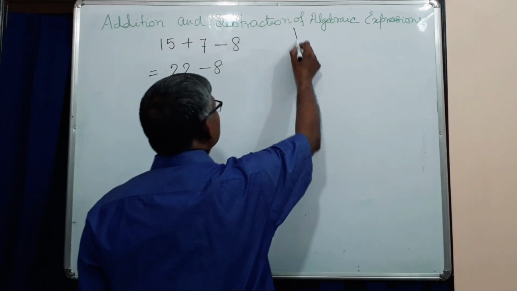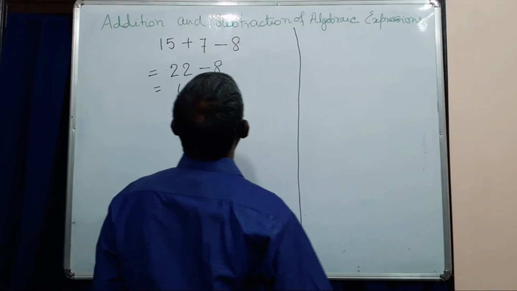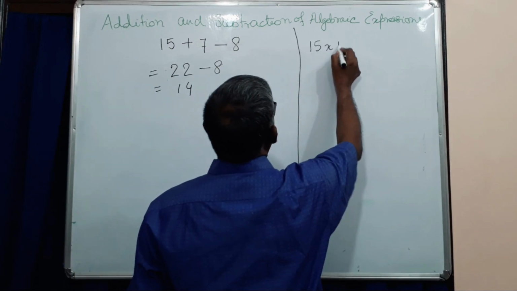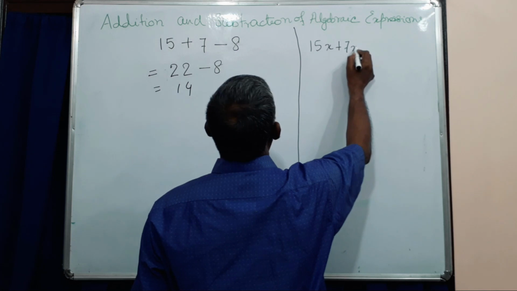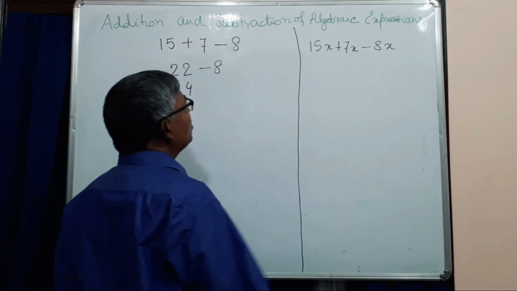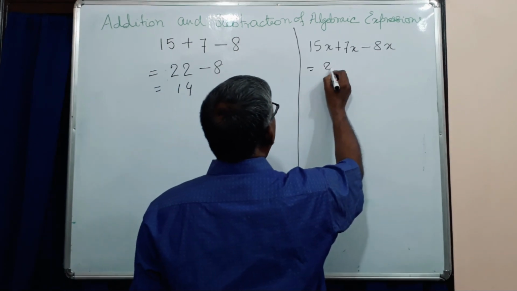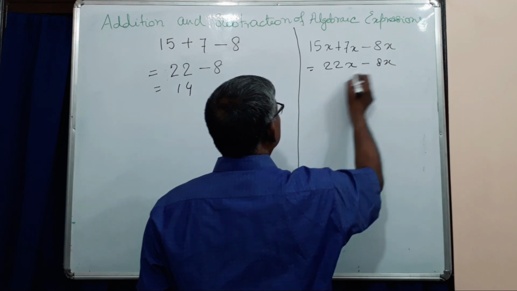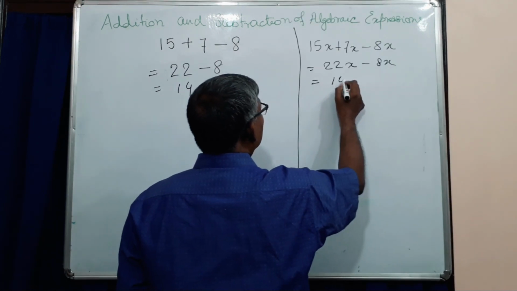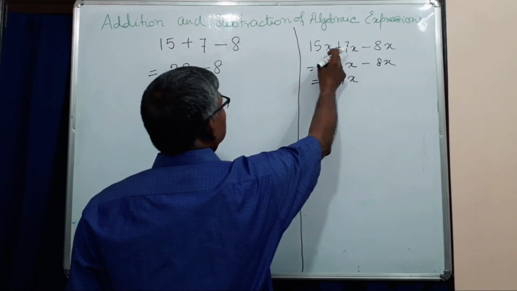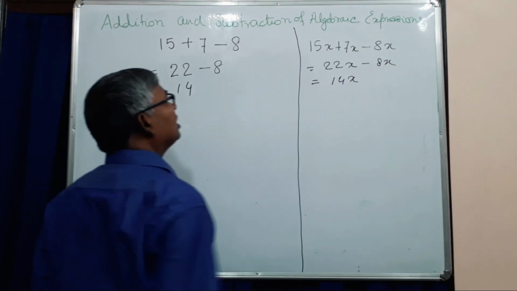In algebraic expression we write 15x plus 7x minus 8x. So it will be 22x minus 8x, that is 14x. Here you see x, the same variable.